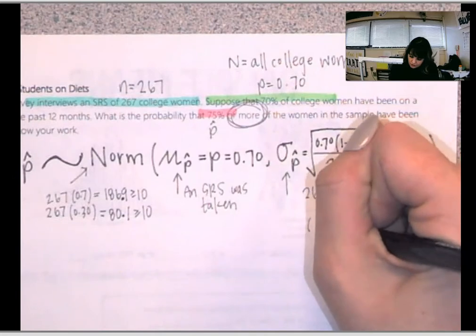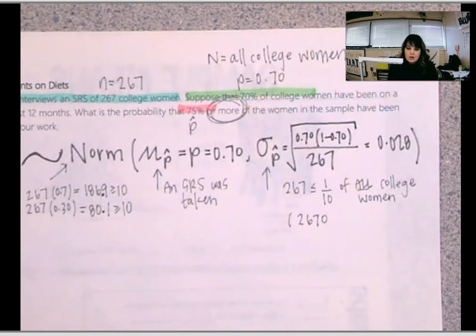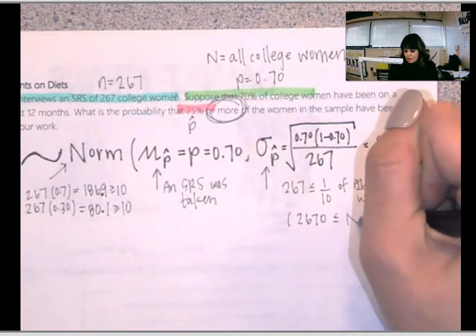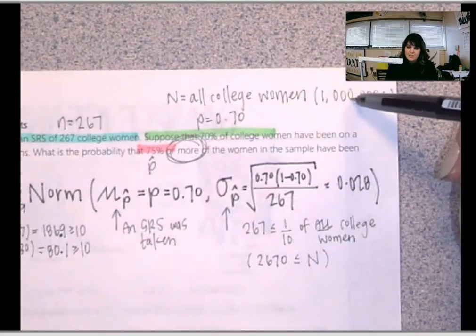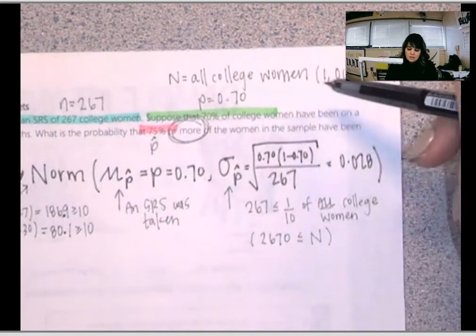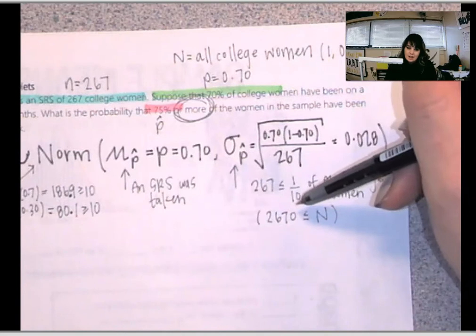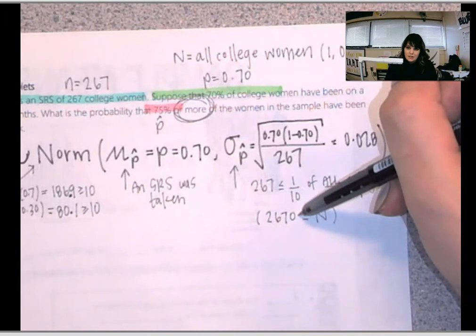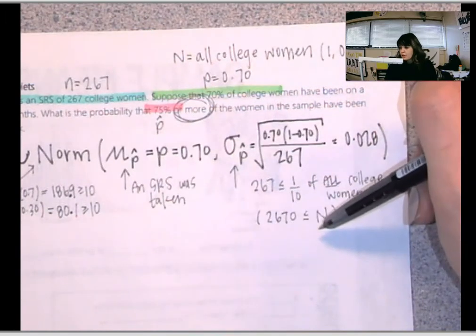Because 2,670, so that is our sample size times 10, 2,670 is less than or equal to all of the women in our population. Because remember up here, I said it was 1 million plus. So if I do 10 times my sample size, is that safe? Yes, 10 times my sample size is 2,670, which is definitely less than n, so I'm good on this one.